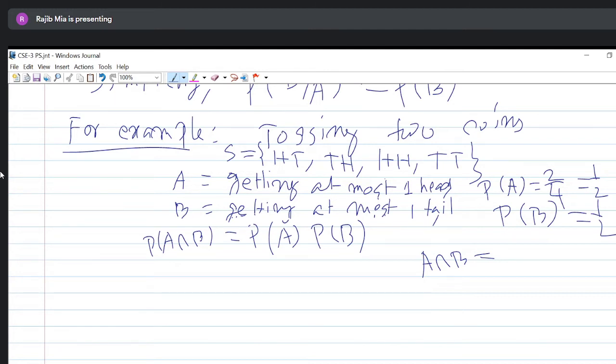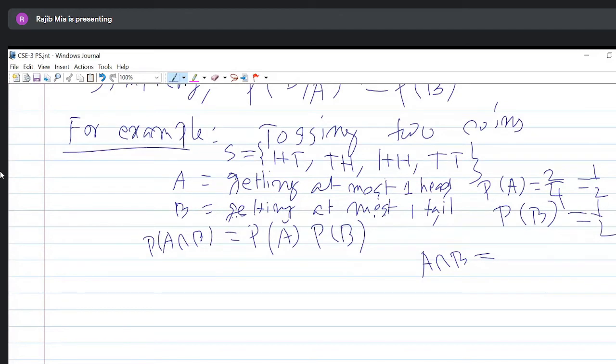So at most one head means there are two possibilities here. So 2 by 4, the probability is 1 by 2. Getting at most one tail also 1 by 2.